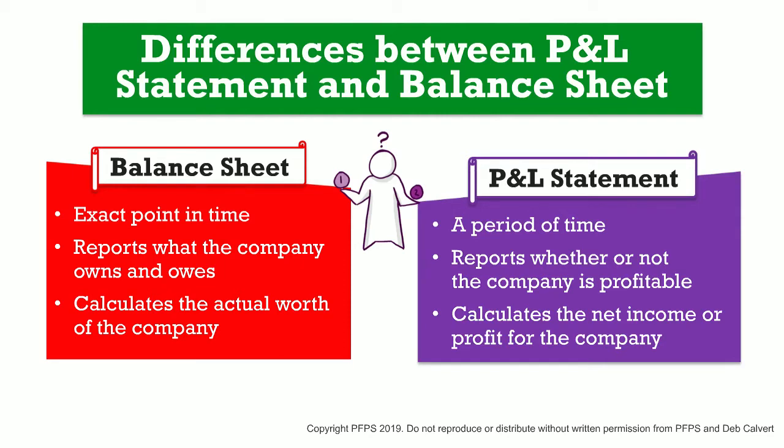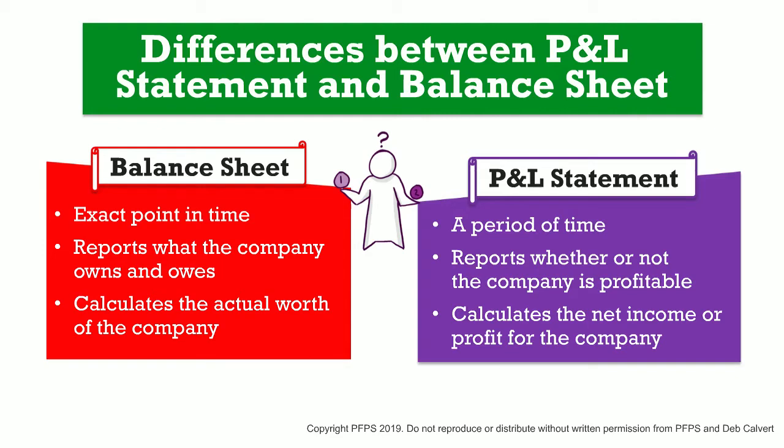The second difference is the purpose that these two reports are meant to serve. The balance sheet is used to report a long-term picture of what's going on with investments and debts. It portrays how those three major accounts of assets, liabilities, and shareholders' equity are balancing each other out.